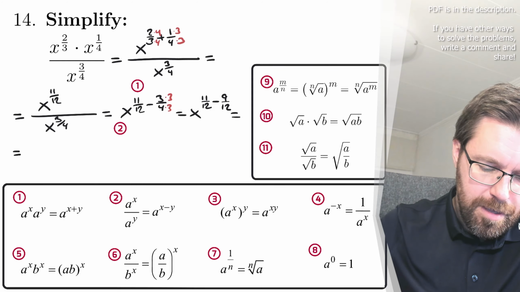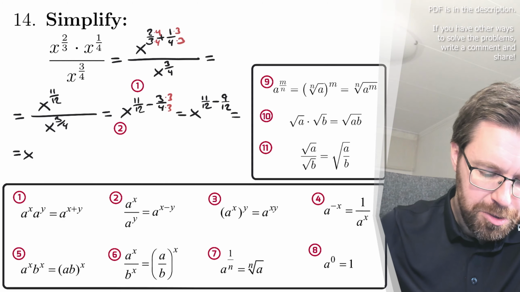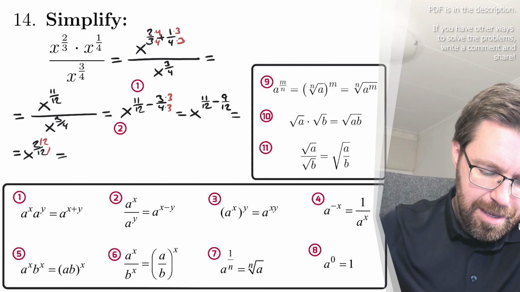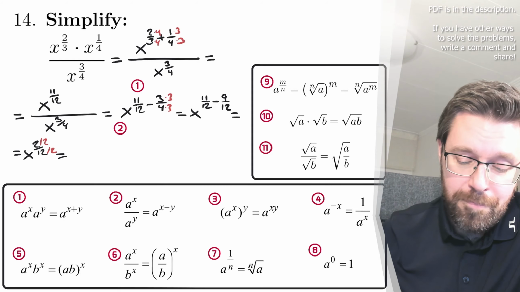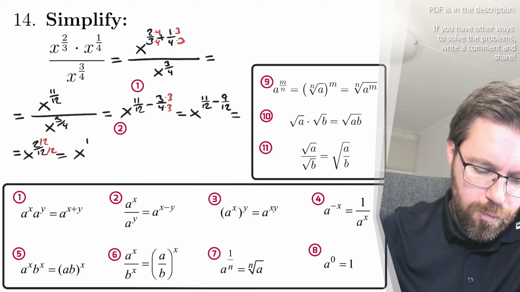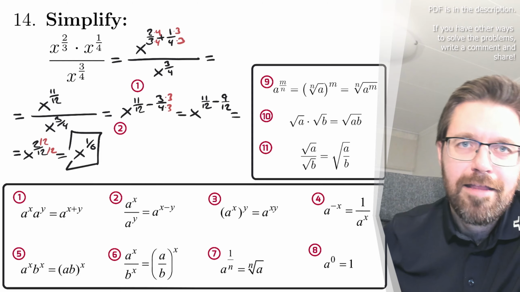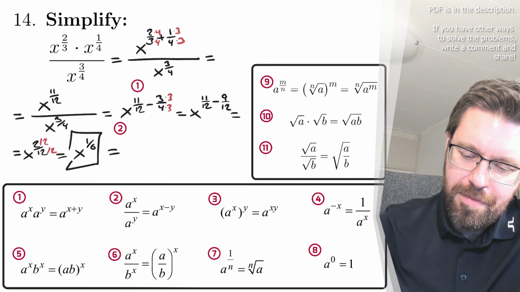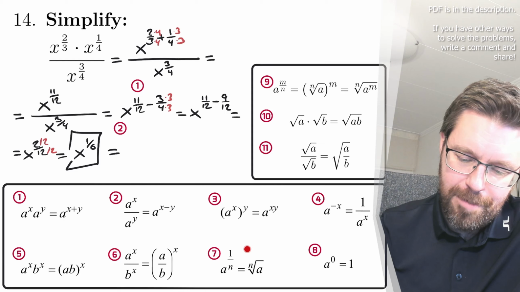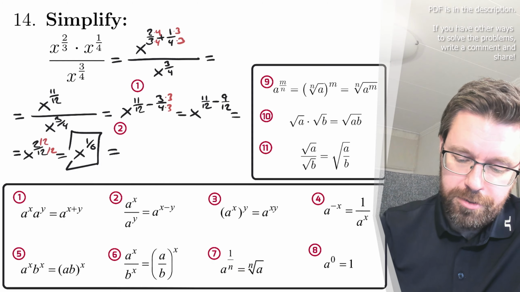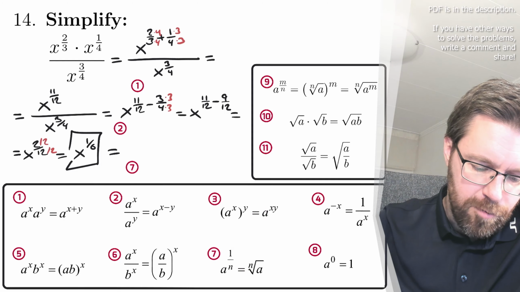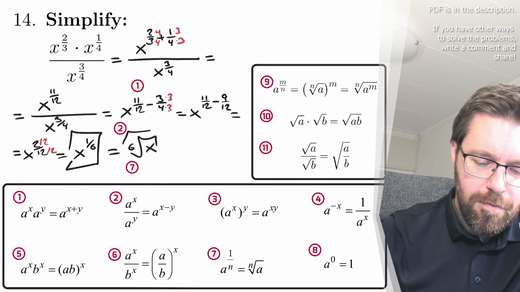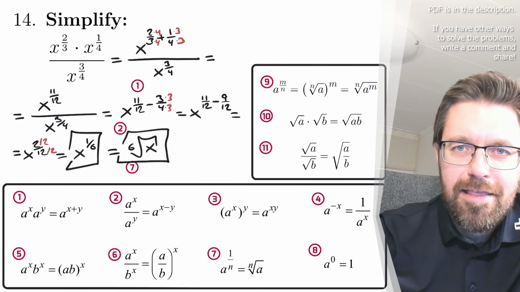And then it will be x raised to 2/12. And when you divide the numerator and the denominator by 2, it equals x raised to 1/6. And this is the answer. And of course, you can also write it with rule number 7 as a root if you want to. So it equals the 6th root of x. So it's simplified even like this.